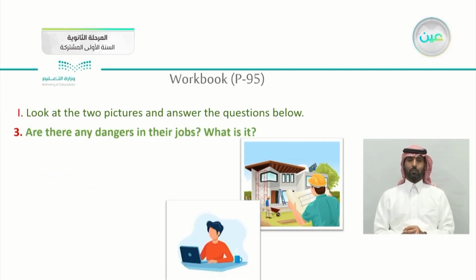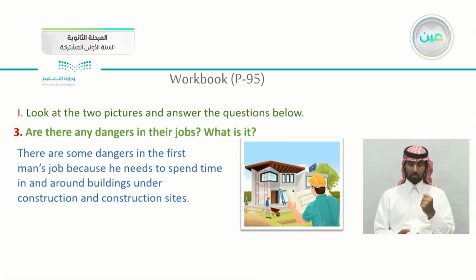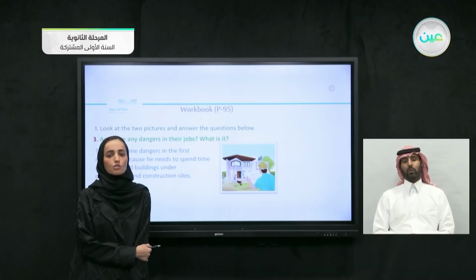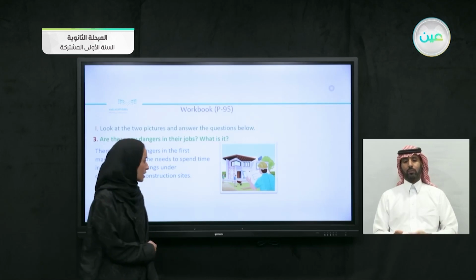Research, search. Are there any dangers in this job? What do you think? I guess there are some dangers at a civil engineer's job because he needs to spend some time in and around buildings under construction. It could be very dangerous for him. Working outdoors is much more dangerous.